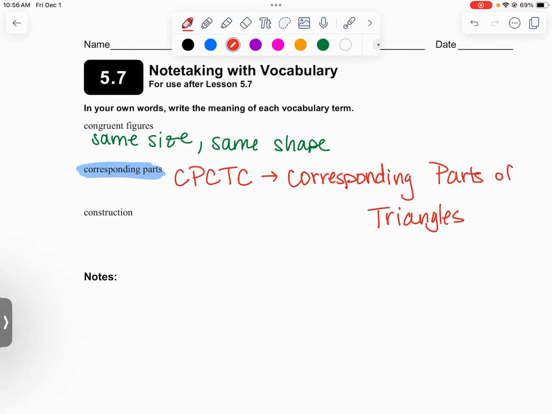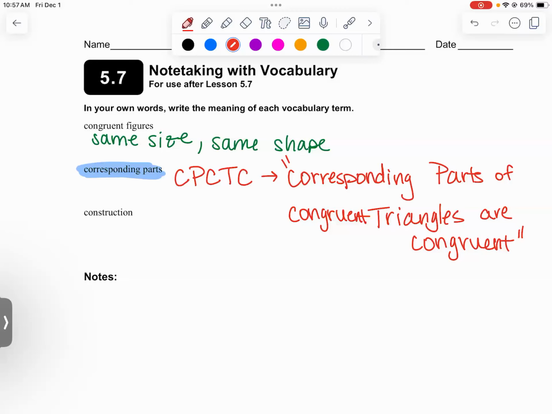Corresponding parts of congruent triangles are congruent. CPCTC. Corresponding parts of congruent triangles are congruent.